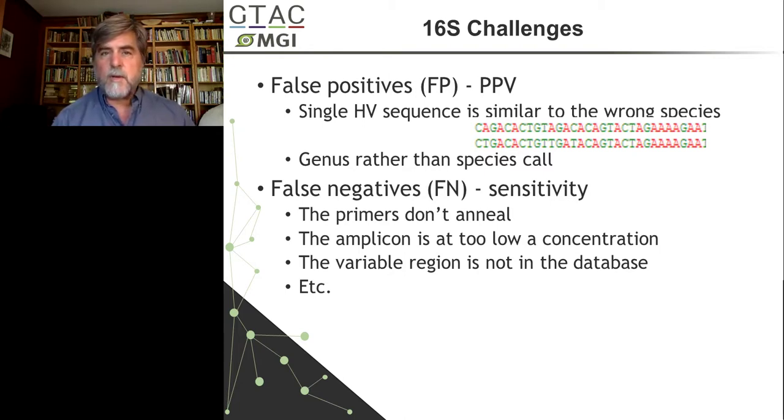This is very important: if a hypervariable region is not present in your underlying database, in how you analyze all the hypervariable regions, it's not going to be detected. And there are other reasons why using amplicon-based sequencing can sometimes result in a false negative, which is when the bacteria is present in the sample, but you're not detecting it.